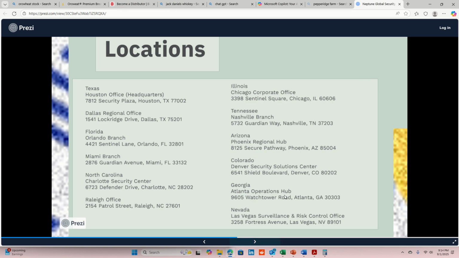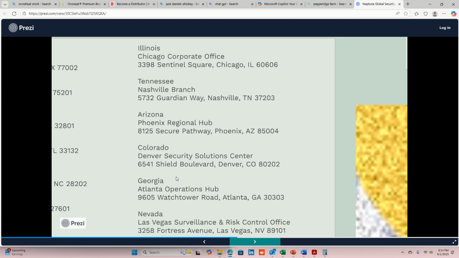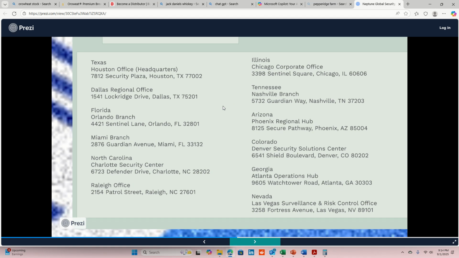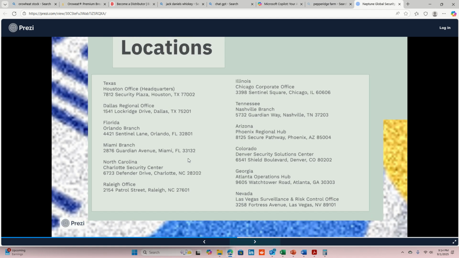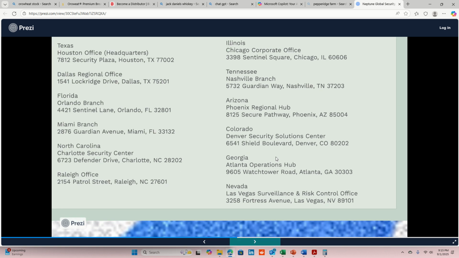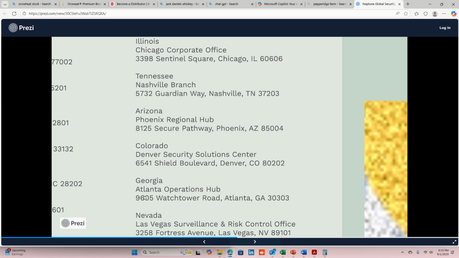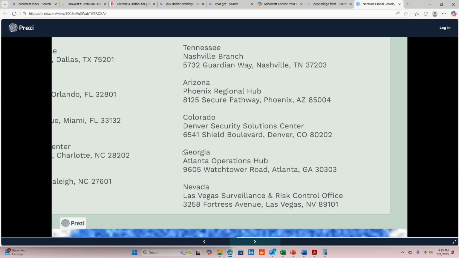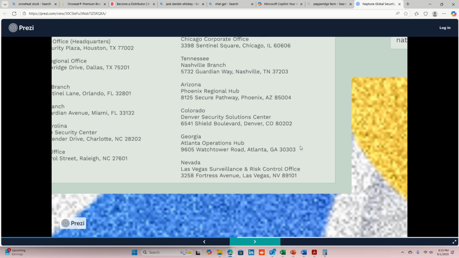Okay, operations hub. So for this company, if you guys have Neptune Global Security, inventory is going to be held at the Georgia Atlanta Operations Hub. It's going to be held at their operations hub in Georgia.